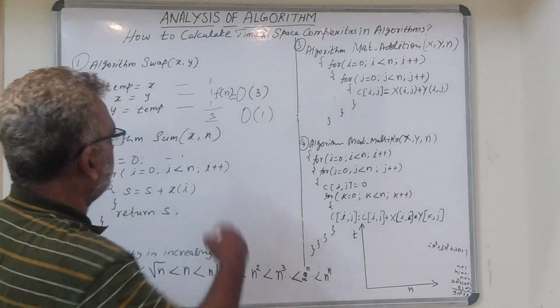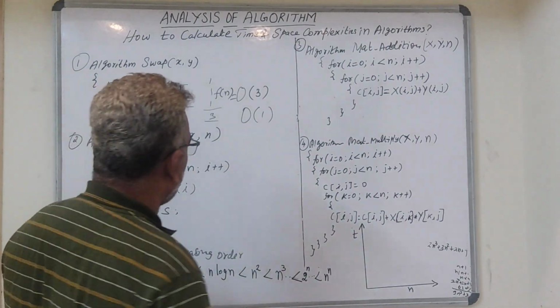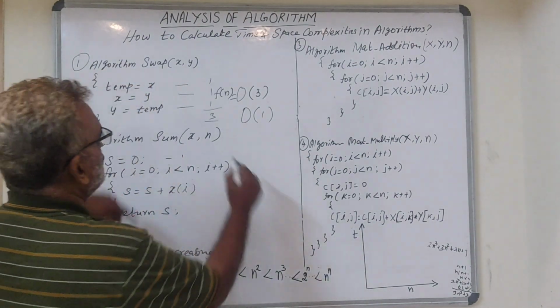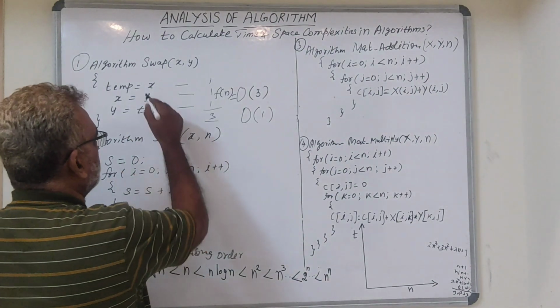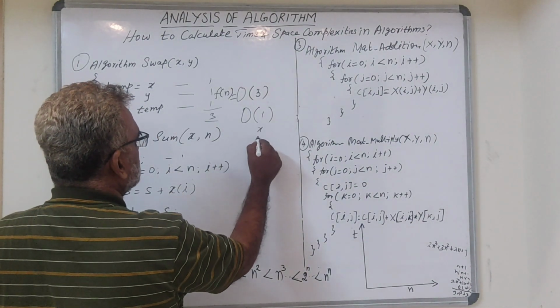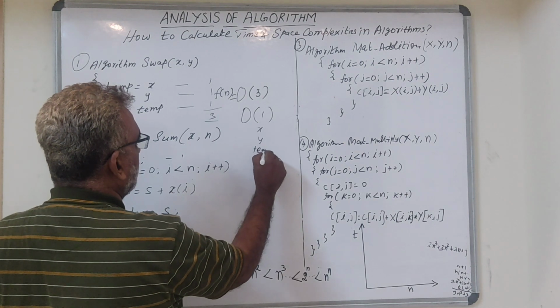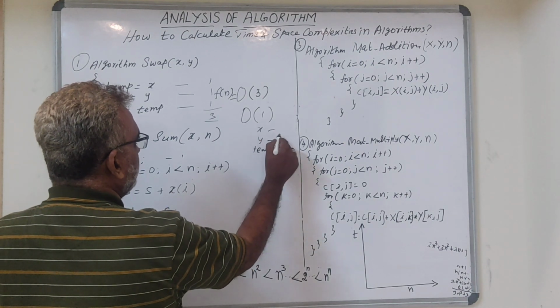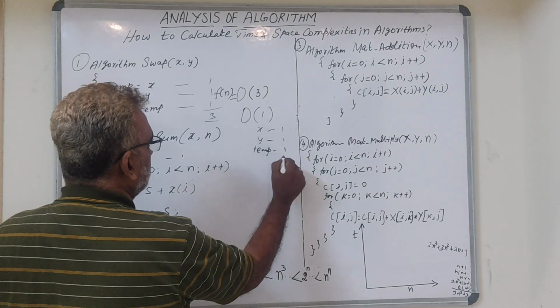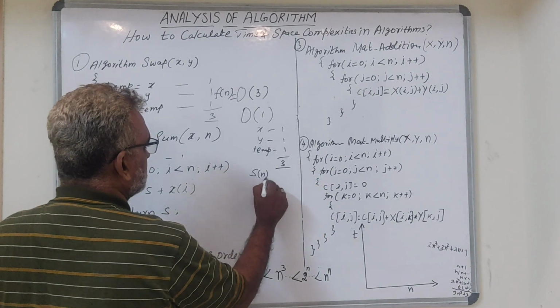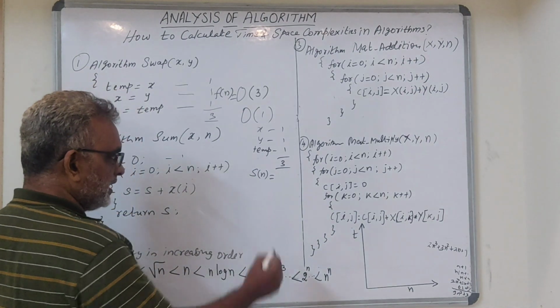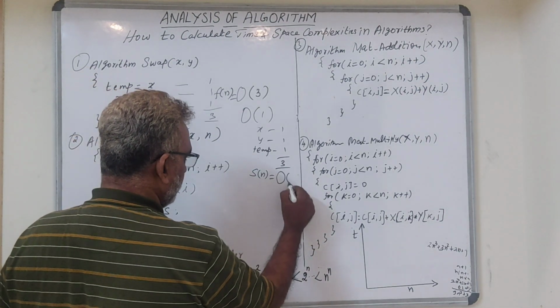Similarly, how to calculate the space complexity? Find out how many memory variables you have used in this algorithm. It is x, y, temp. So we have 3 variables, that is 1, 2, 3. So the function S of n, space of n, can be written as order of 3.